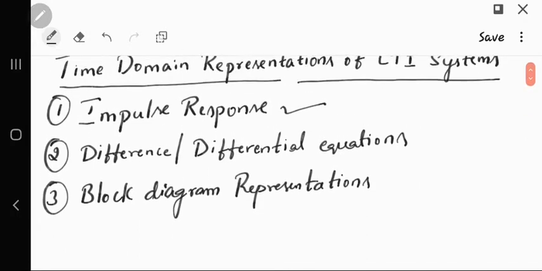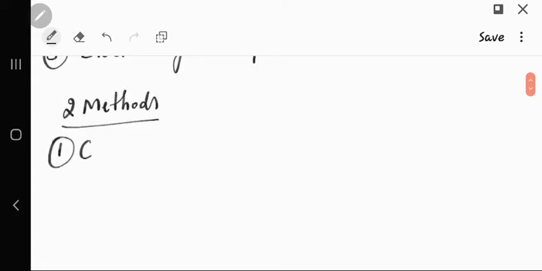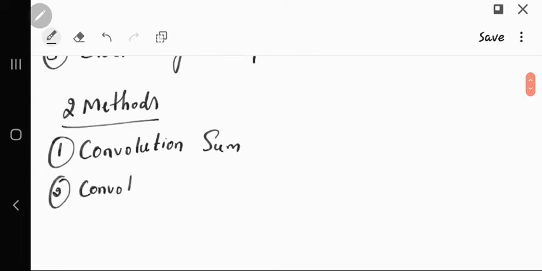In terms of impulse response, the LTI system can be described in two methods. The first one is the convolution sum, and the second one is the convolution integral.